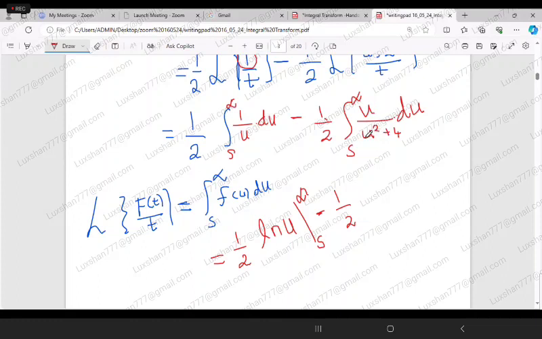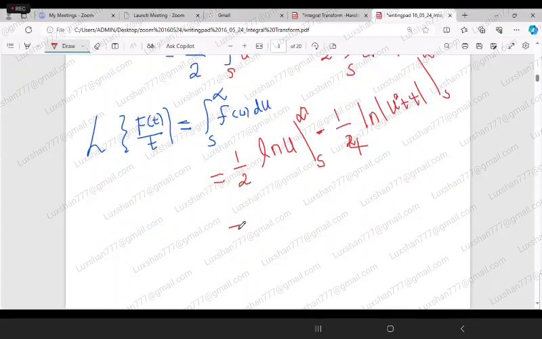If you look here, the derivative of the denominator is there. Therefore, this is ln mod. You don't have 2 here, therefore this will be 4, 4 ln of u squared plus 4, where s tends to infinity.